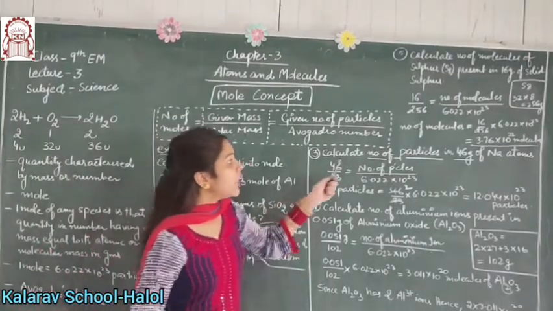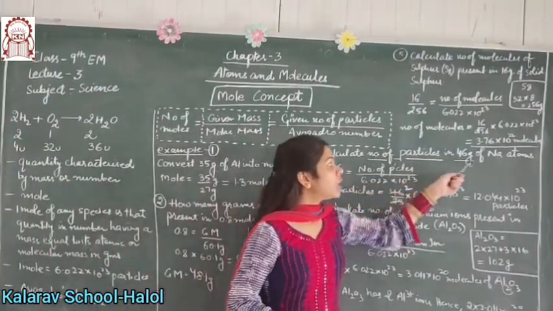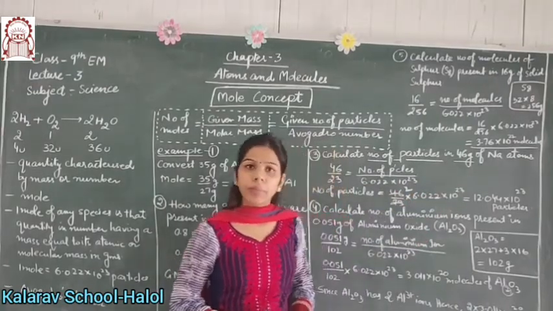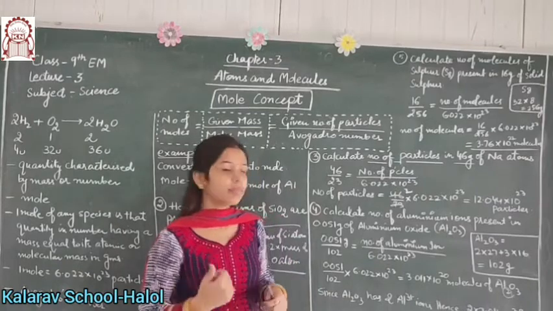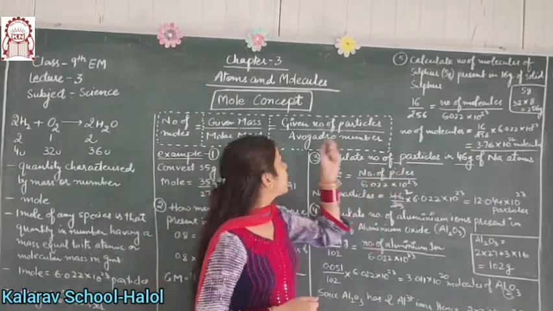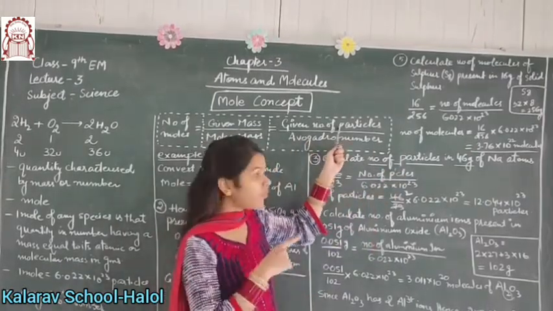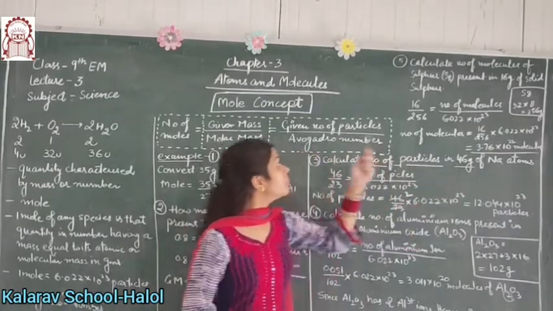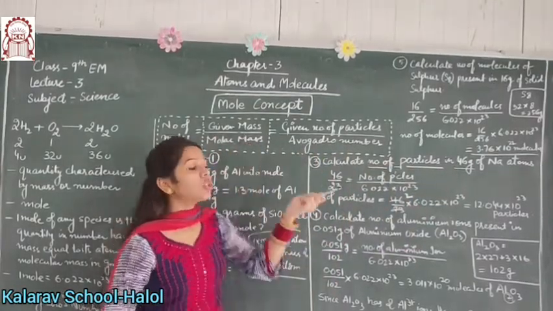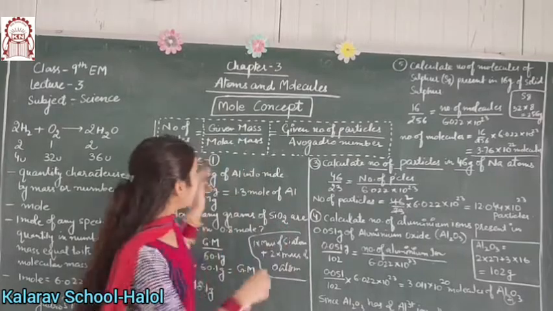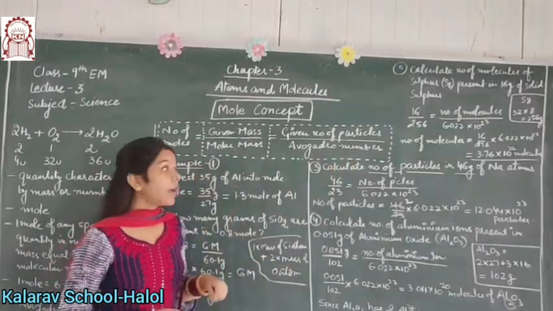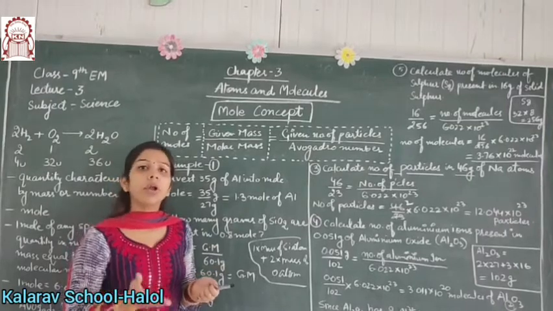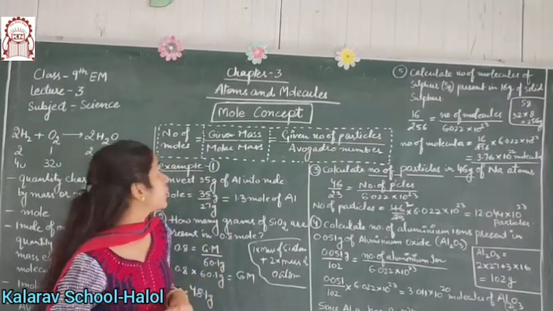Next, calculate the number of particles in 46 gram of sodium atom. Here you have to see what to find and what is given. The number of particles is what you have to find, and 46 gram mass is given of sodium atom. So we apply this formula: given mass upon molar mass equals given number of particles upon Avogadro number.